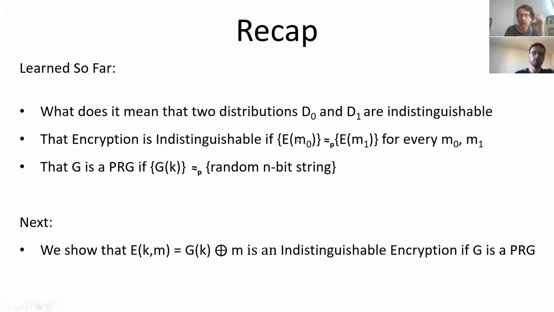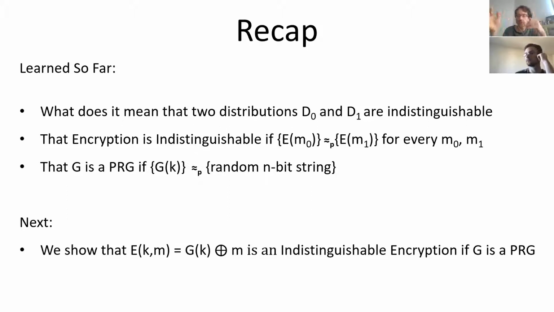Now, having this notion of indistinguishability between two distributions, we define two things. One is this computational notion of security for encryption, which we called indistinguishability of encryption, and also semantic security. I call an encryption computationally secure if for all messages M0 and M1 in the message space, you look at two distributions: the left one is a random encryption of M0, the right one is a random encryption of M1, where randomness goes over the random choice of key in both cases and the randomness of encryption if it is randomized.